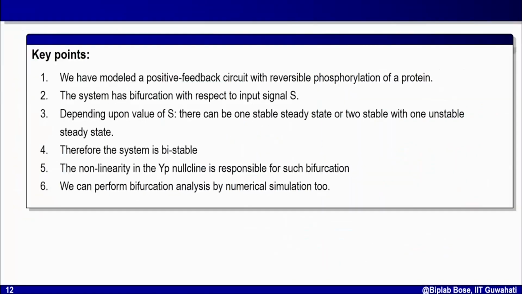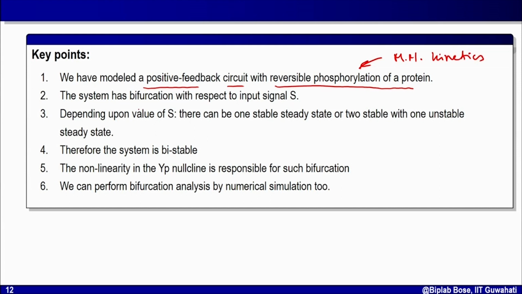Let us jot down the key points. The key points for this module are that we have modeled a positive feedback circuit with reversible phosphorylation of a protein. And remember, both phosphorylation and dephosphorylation follow Michaelis-Menten kinetics.